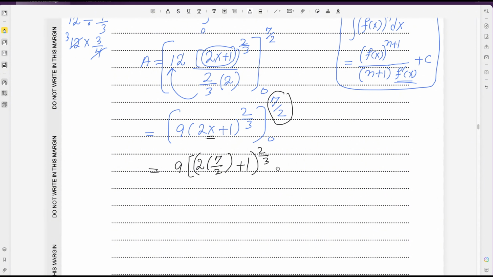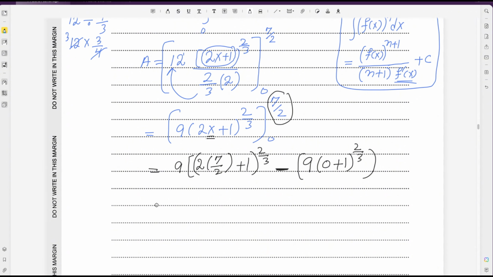Then minus, this minus is of the formula, and now we'll apply the lower limit. It will be 9 into (2 multiplied by 0, which is 0, plus 1) whole to the power 2 over 3. Here we are using the upper limit, then the lower limit is subtracted.